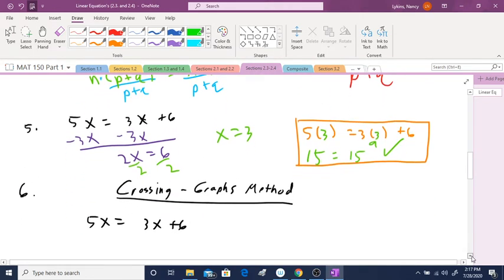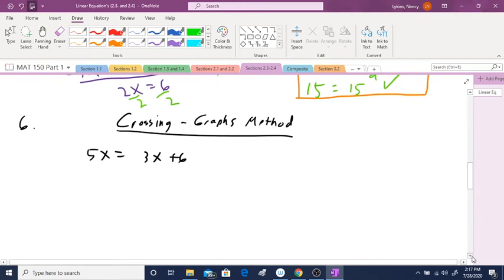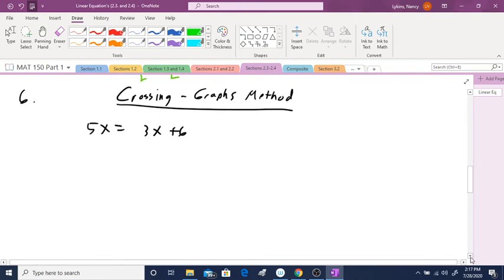And that leads me to this crossing graphs method. So you're going to see this on homework. You're going to see this on an exam, the crossing graph. Now, this is where your TI-83 and 84 comes into play.